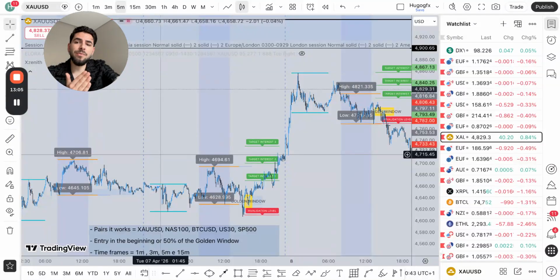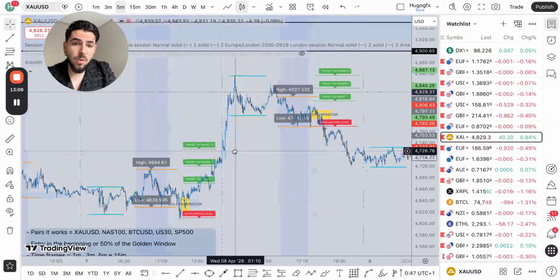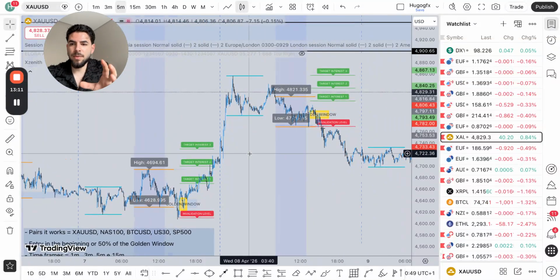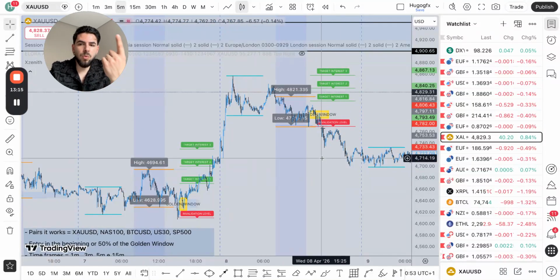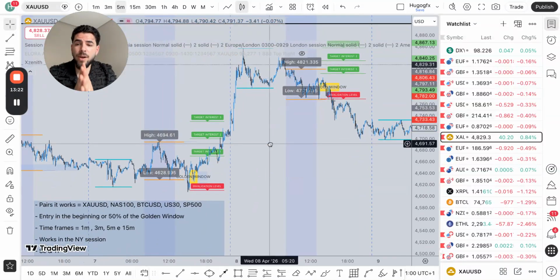It means you would have made almost 5 to 6%. Let's say you are risking 1% per trade for this specific example. Here you would have lost 1%, so you are inside the risk management. So again, guys, that's very important for you, even when using this tool. Always control your risk management.